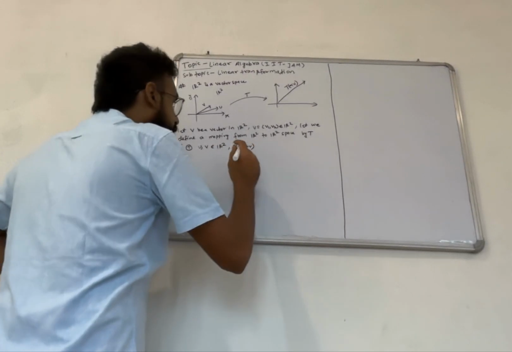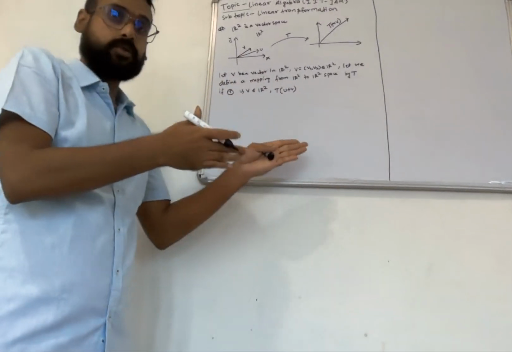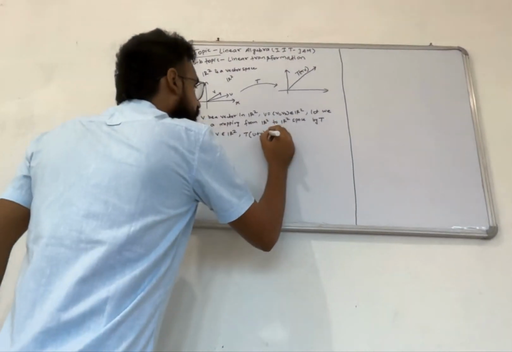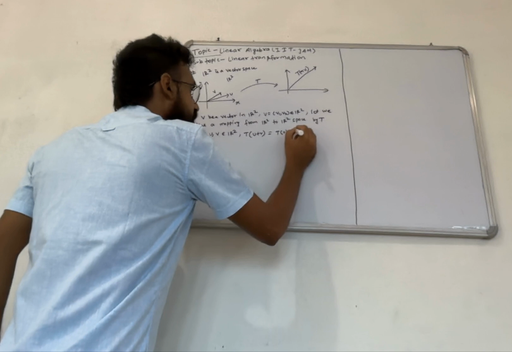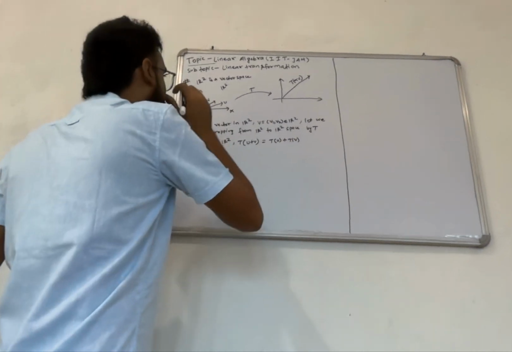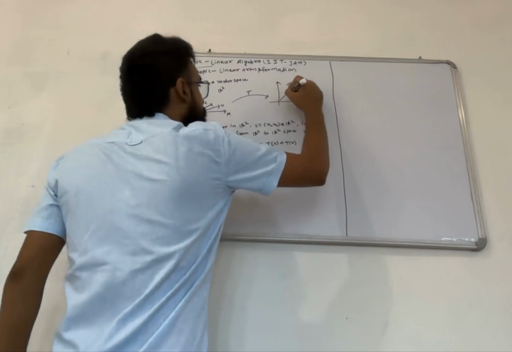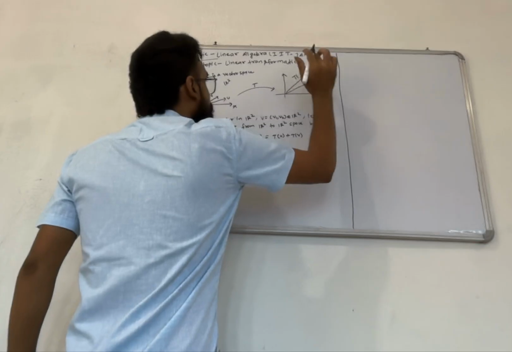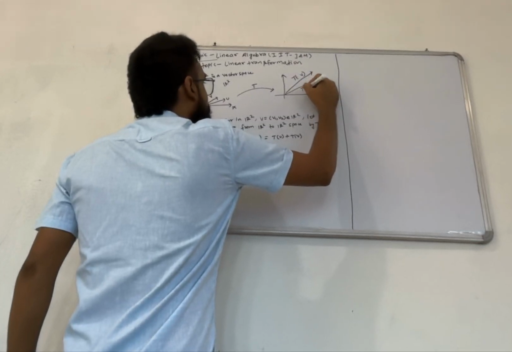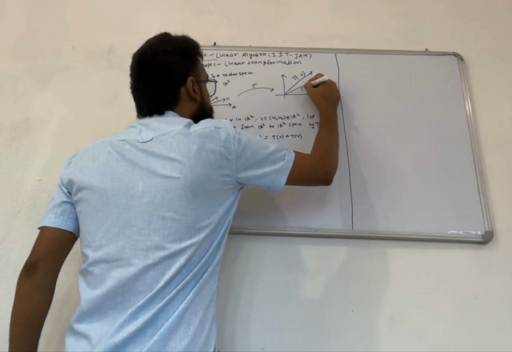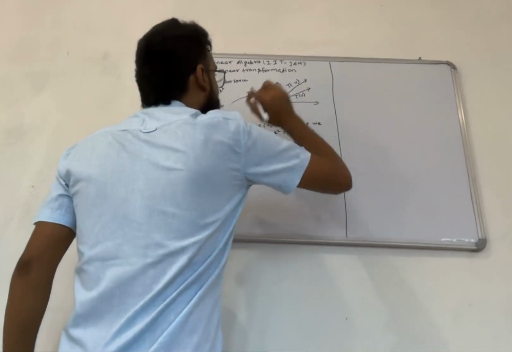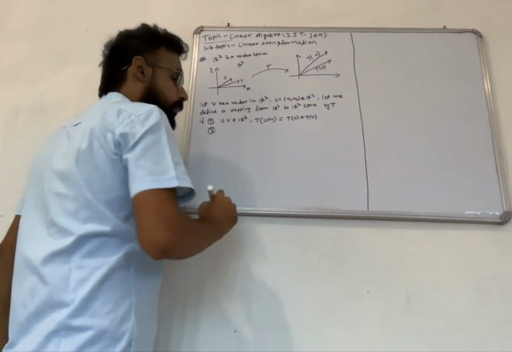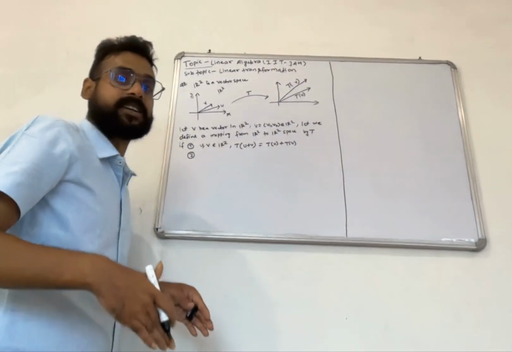plus V, if we add one vector to another vector and then do the mapping, it will give TU plus TV. The second thing is scalar multiple.